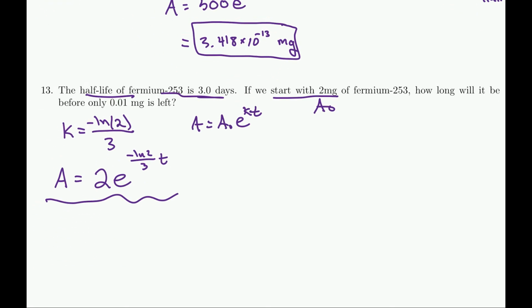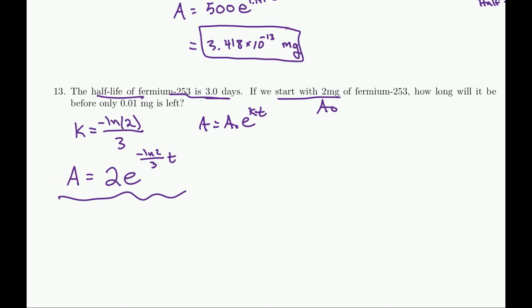What they're doing now is the opposite. They're telling me how much is left, and they want me to calculate how long, which is a time. There's only two variables left here, time and an amount. So either they tell you the amount and ask for the time, or they tell you the time and ask for the amount. In this case, this is the A. It's an amount. So we fill that in.